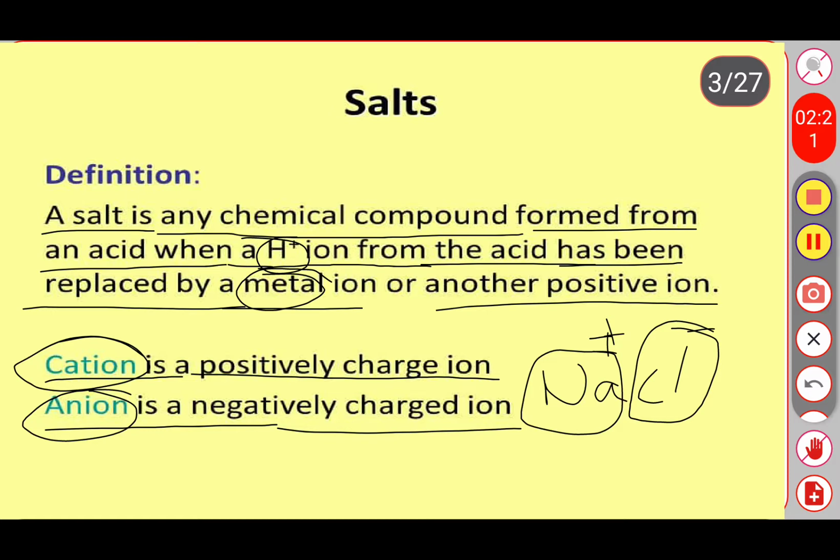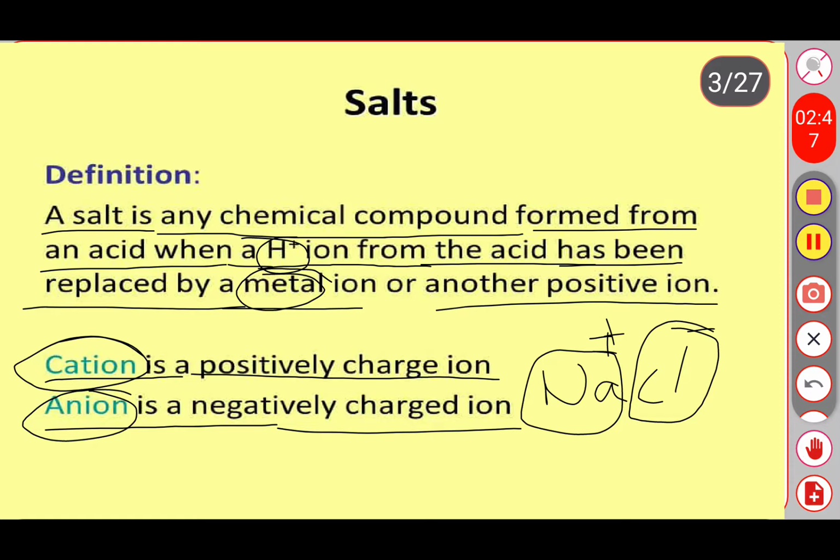And one more definition: a salt is a compound formed by the reaction of an acid with a base in which the hydrogen of the acid is replaced by metal. So this is also one of the examples of salts.